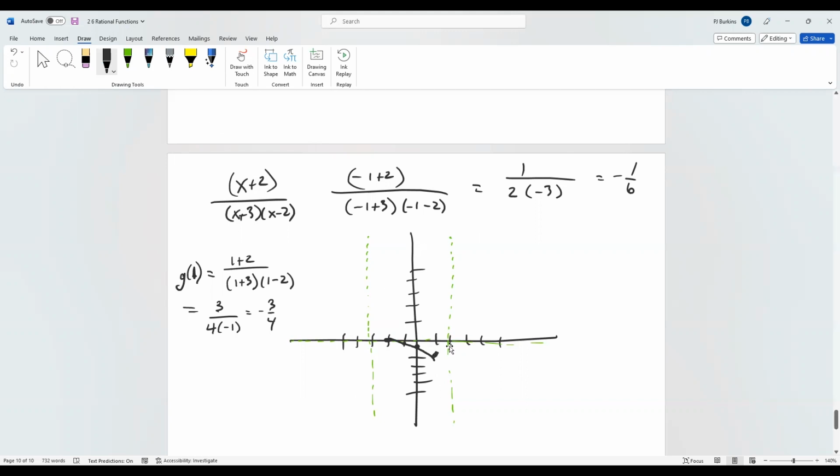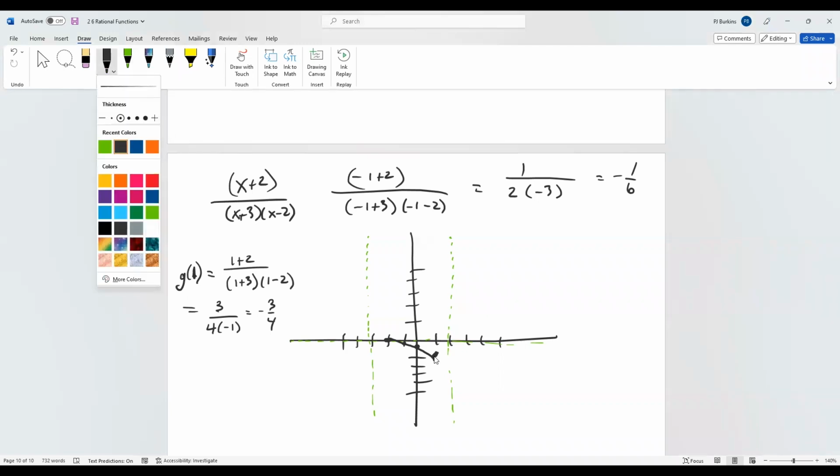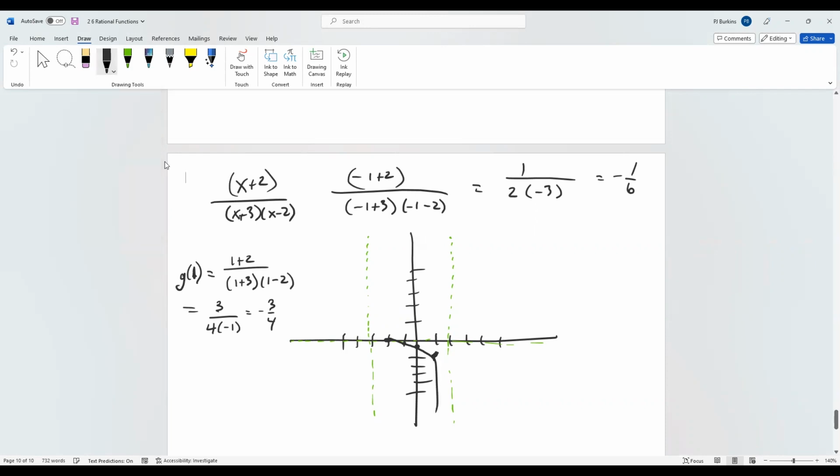All right, let's continue to plug values in and see what's going on. We would need to continue to plot points getting close to -3 and close to 2. What we'll see is that it's going to continue to fall on this end, and it's going to increase on this end.